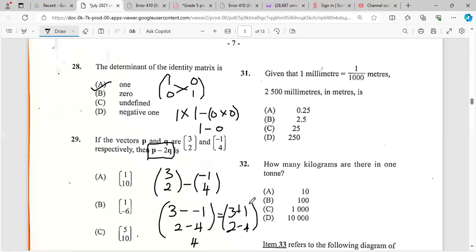Oh, no, guys, it's 2Q. So let me just freestyle it quickly. 2 times that is going to give us negative 2, and 2 times that is going to give us 8.